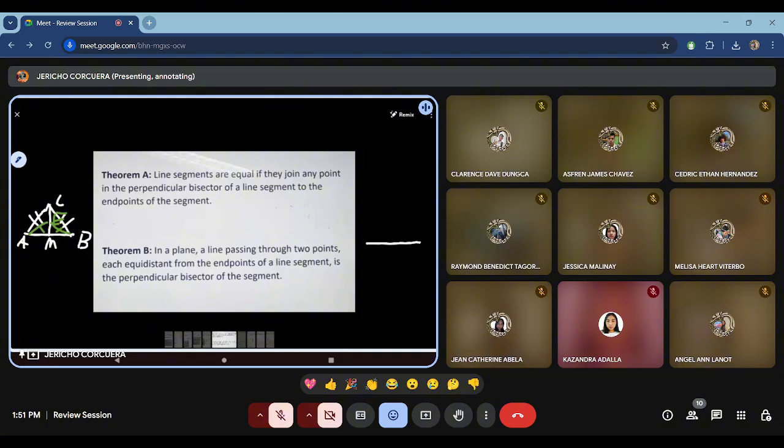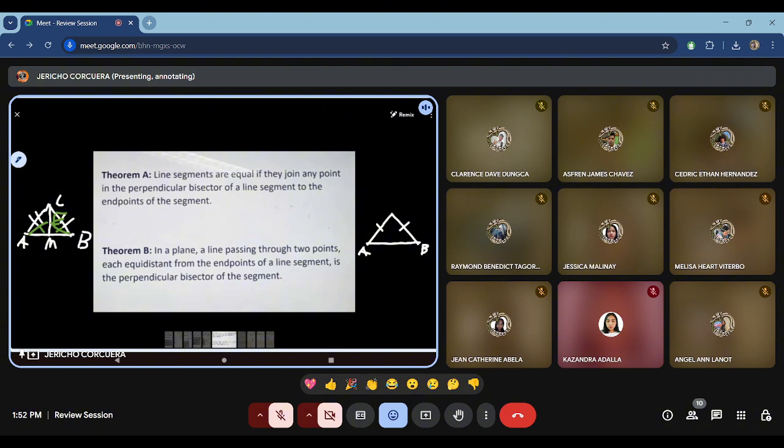Kasi in a plane, a line passing through 2 points, each equidistant from the endpoints. Label as A and this is B. The endpoints of a line segment. A line passing through 2 points.